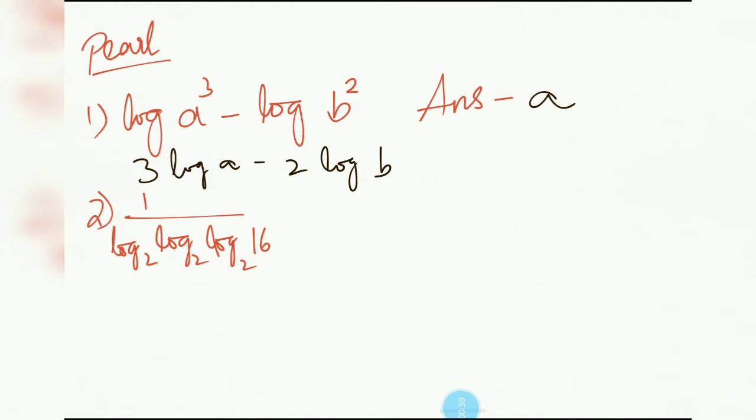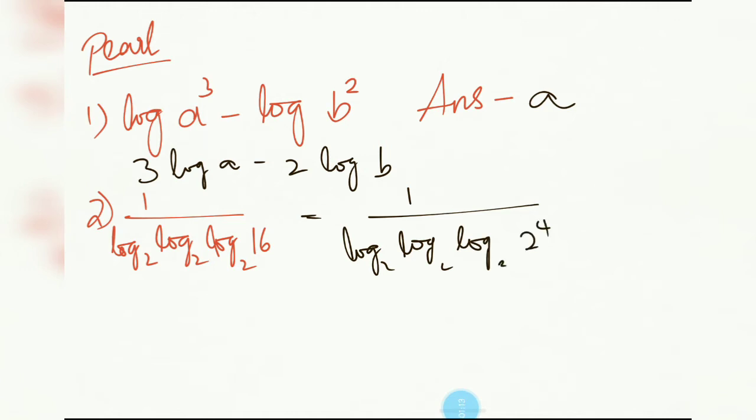How we will solve this: first, 1 by log base 2, and log 16 you can write as 2 power 4, to the same base 2. Now what I'm going to do is move this 4 backward, before the log. We all know that law.